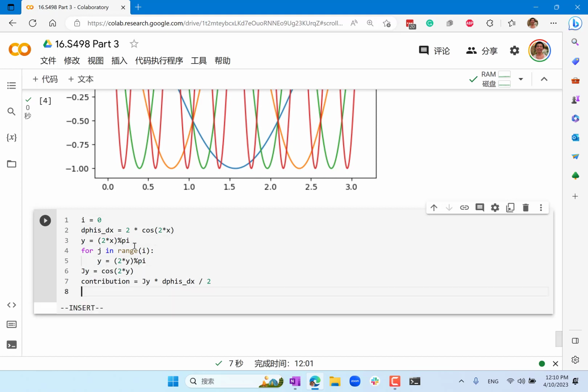Okay, and samples plus equal to 1. So contribution plus equal to this, right?